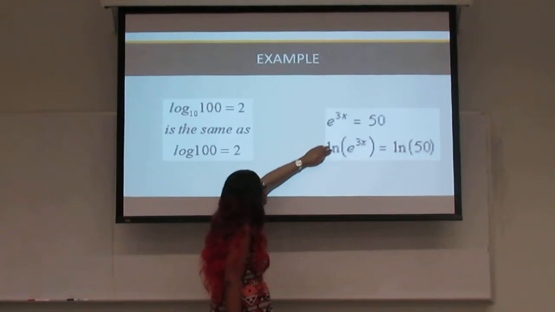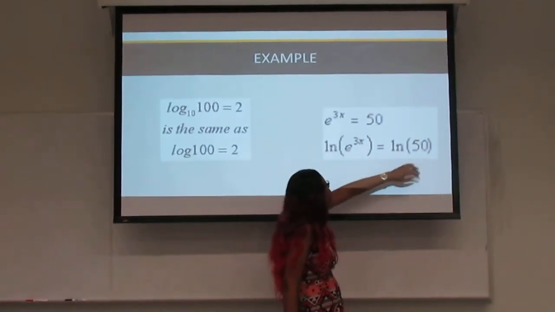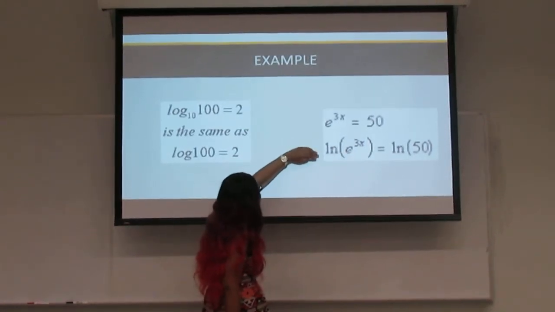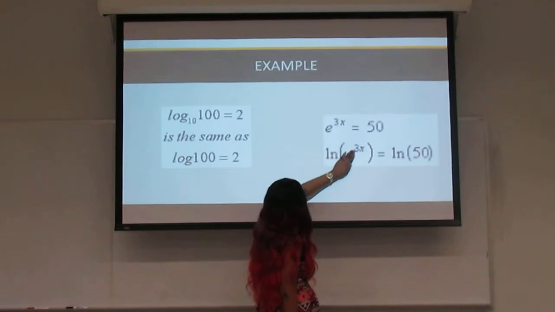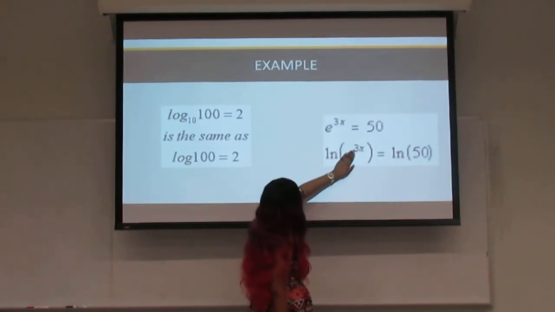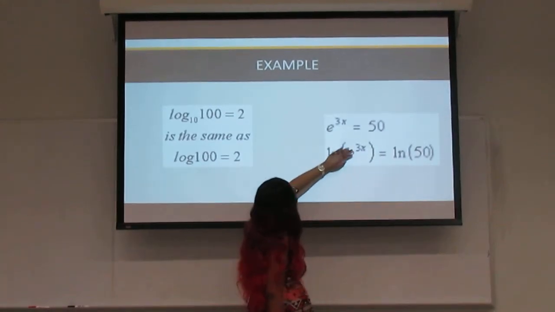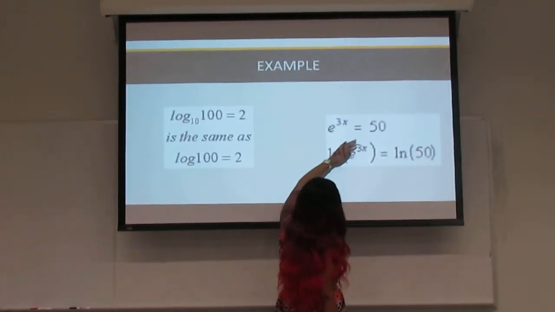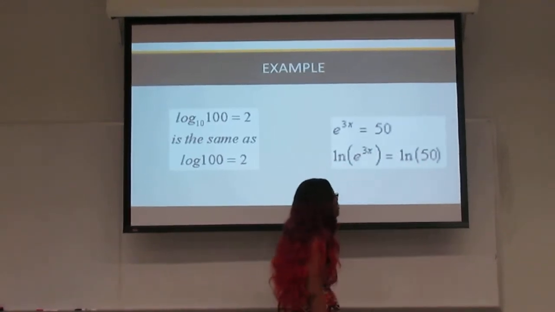It will be the natural log of e to the 3x equals the natural log of 50. When you do the natural log of e to the 3x, the e will cancel out because it's the opposite of the natural log, so it would just be 3x equals the natural log of 50.